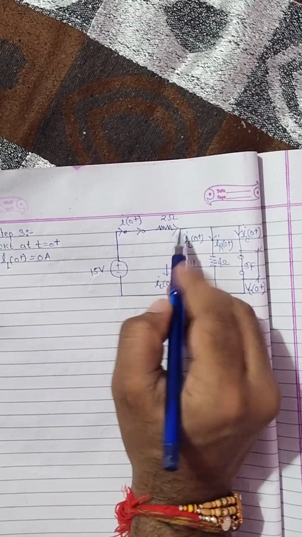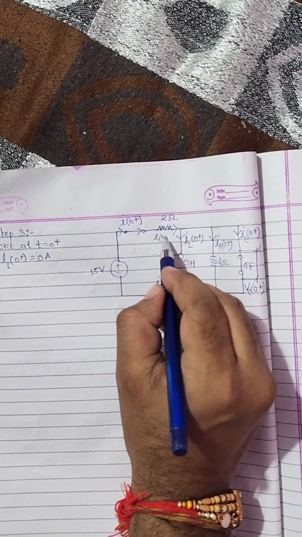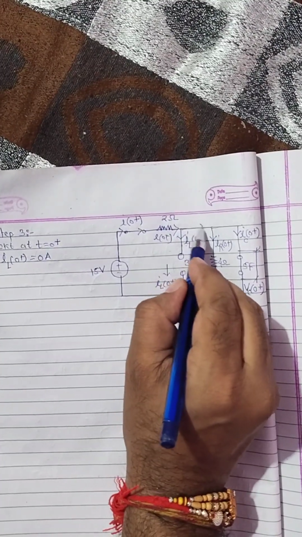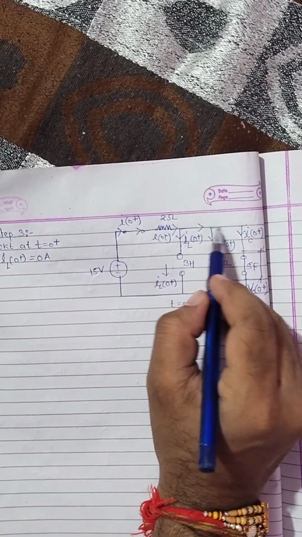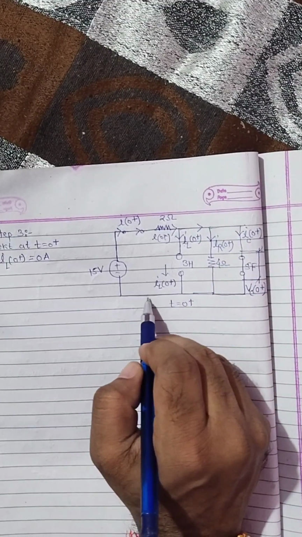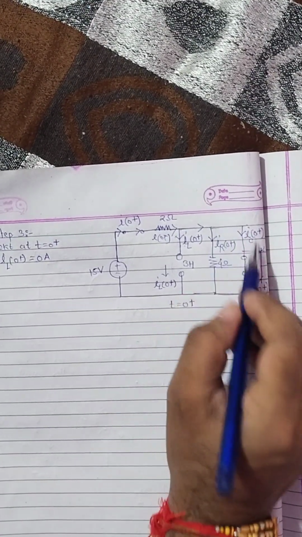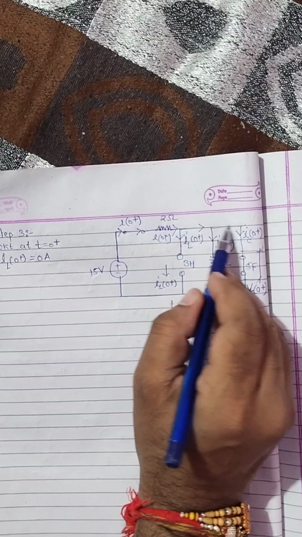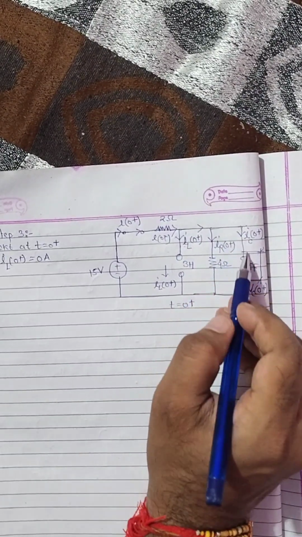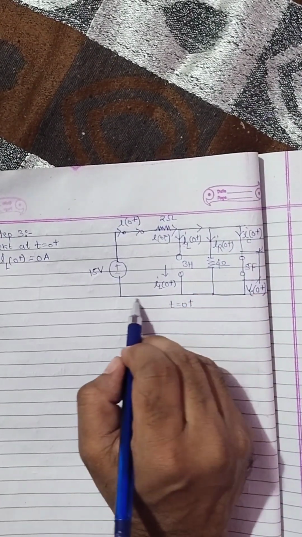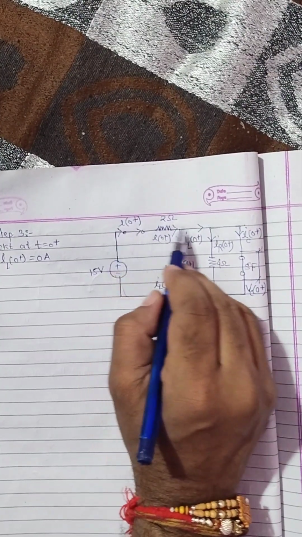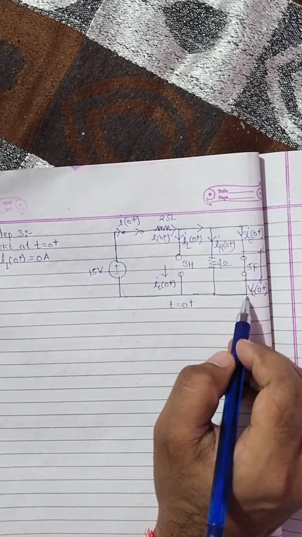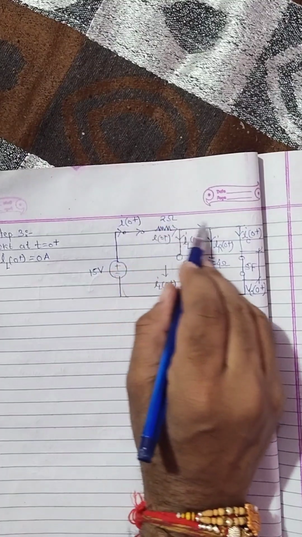This I(0+) will totally flow through this part, and since there is a short circuit path, all this current will flow through this short circuit path.